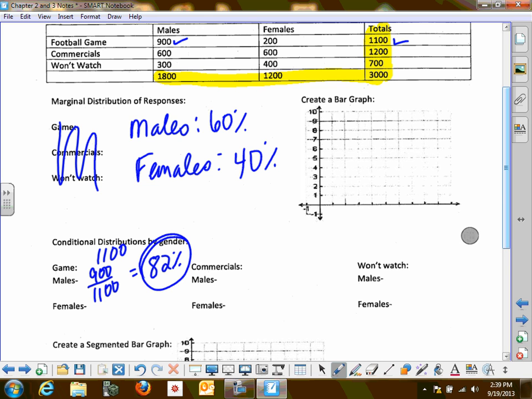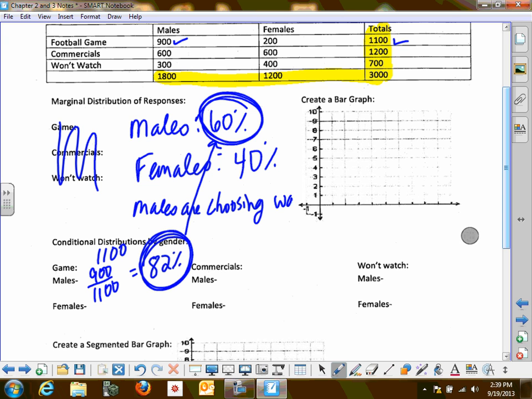Since this number is different from this number, something is happening. 60% of my sample are males, and yet 82% of the game watchers are males. So I could say males are choosing what? To watch the game at a higher rate. Okay, because that 82% is different than the males overall.